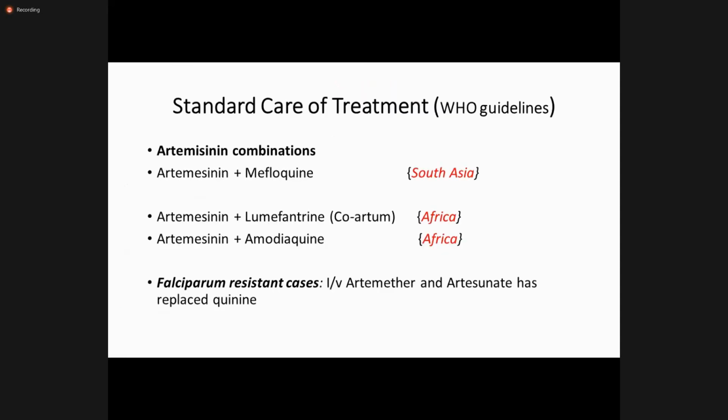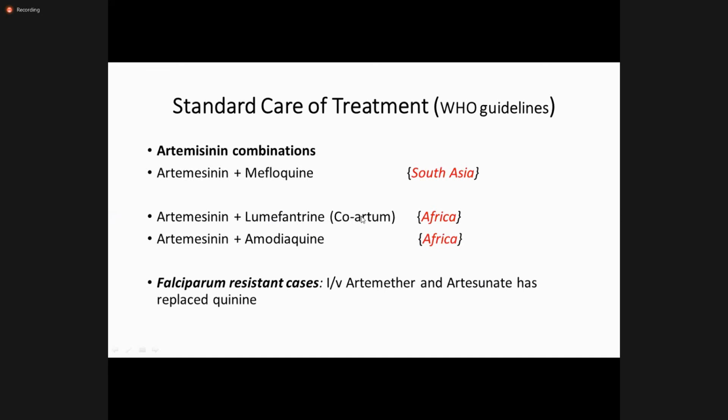Okay, so if we summarize in the end, what is the standard care of treatment nowadays, given with the WHO guidelines? The best combination that is also approved is the artemisinin combination. Artemisinin or artemether you use, and then you can combine it with mefloquine. Artemisinin can be combined with lumefantrine.